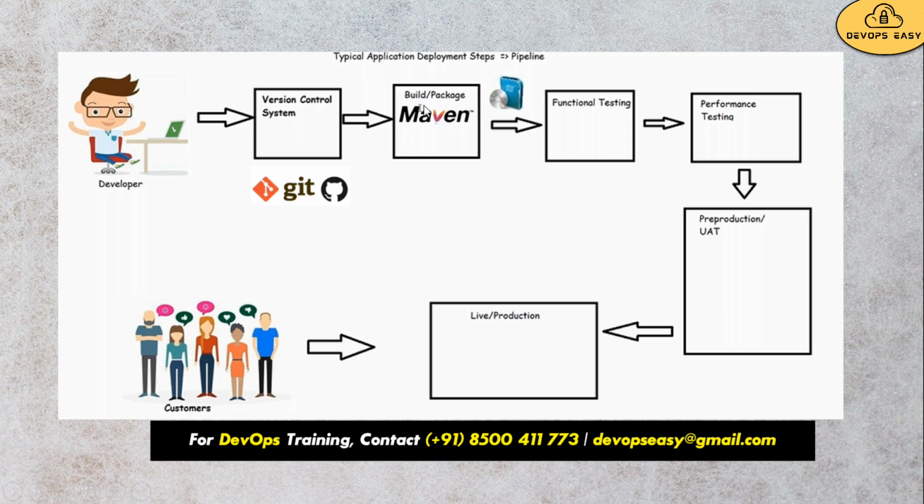Using that Maven tool, we will create a package that is a .war file or .jar file. For Java, we will create a jar file. If it is written in .NET, we will use MS Build. Nothing but a simple tool which is helping us to create a package. That's it.